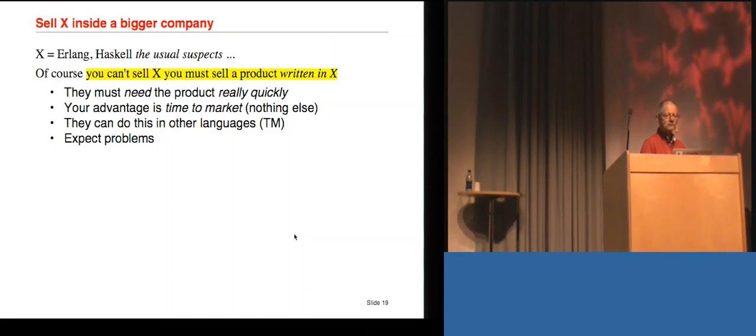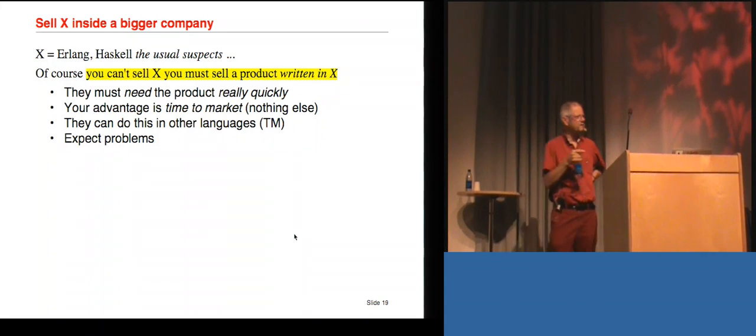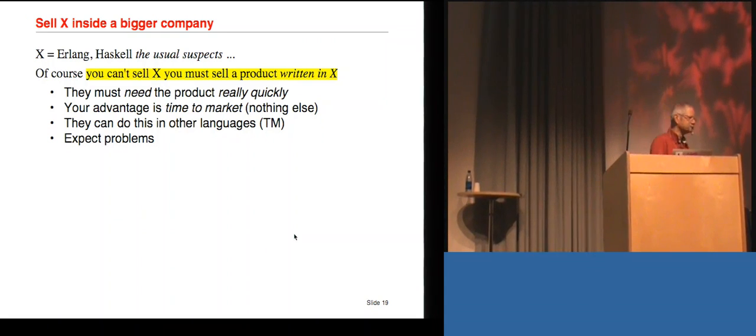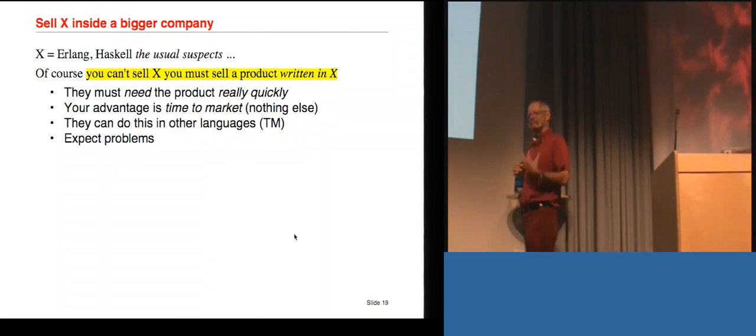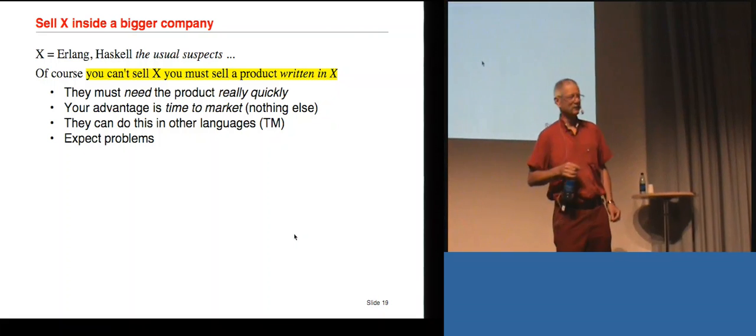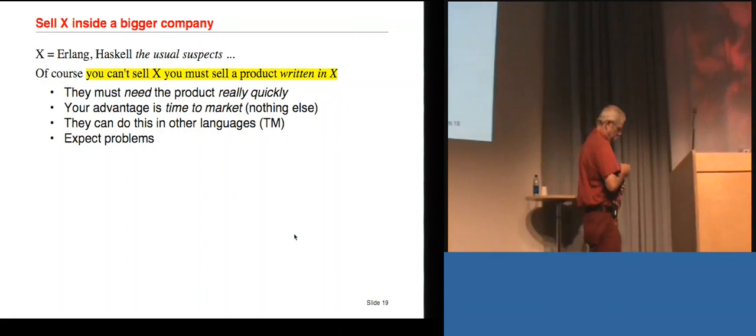Right. So if you're going to sell things inside a company, they must really, really want that thing for one reason or another. And they don't care. They've probably got to be in a position of desperation, where everything else has failed.